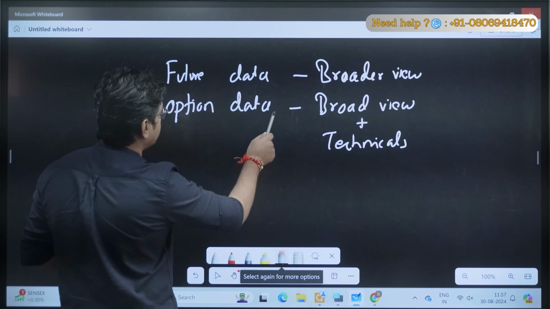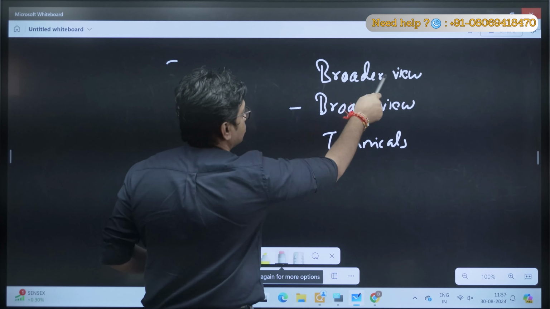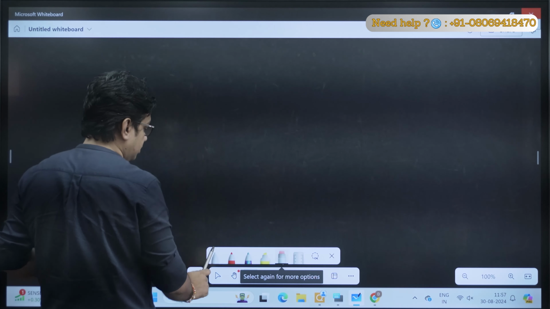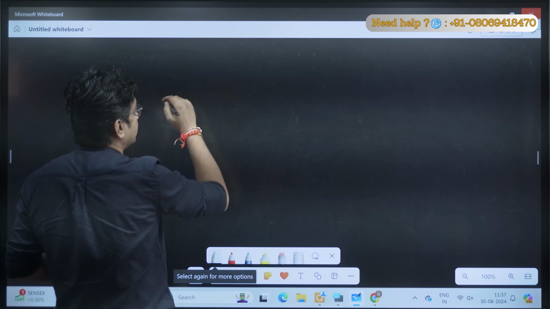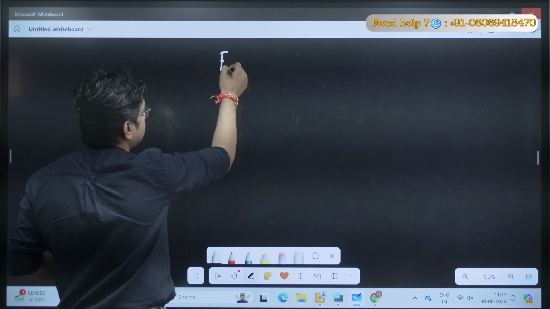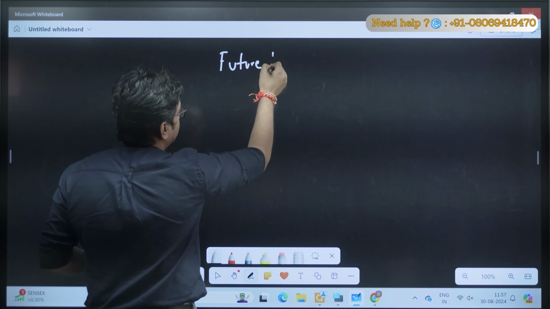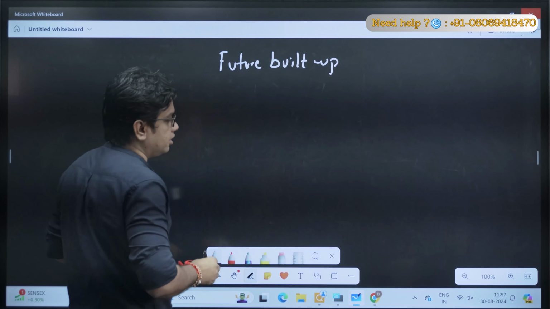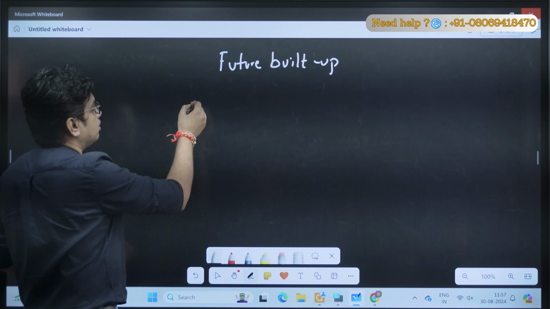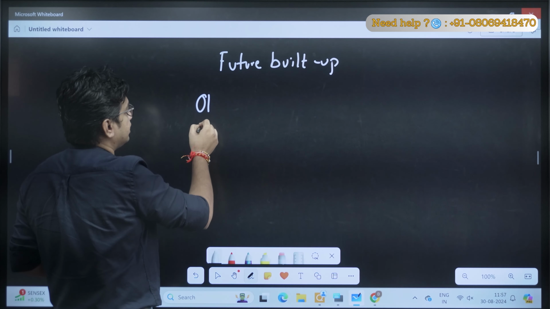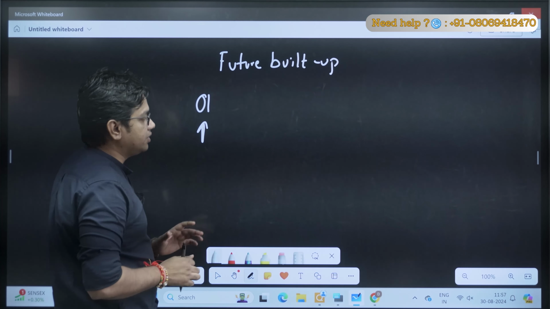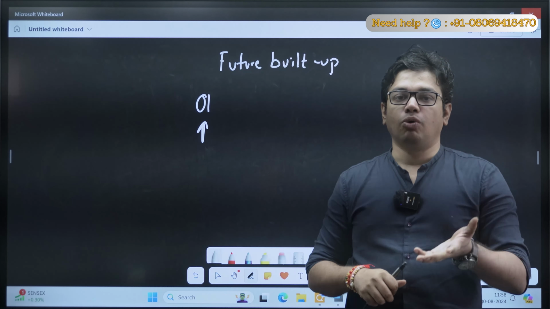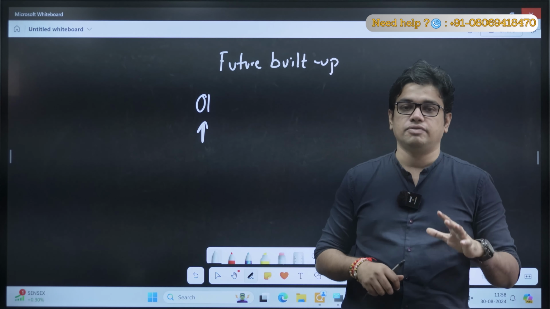So first I am going to use the future data. For future data we all know how to utilize it. I am going to use it with the build up. In future build up, when we see the OI is increasing along with the price, you can find it in the future data.